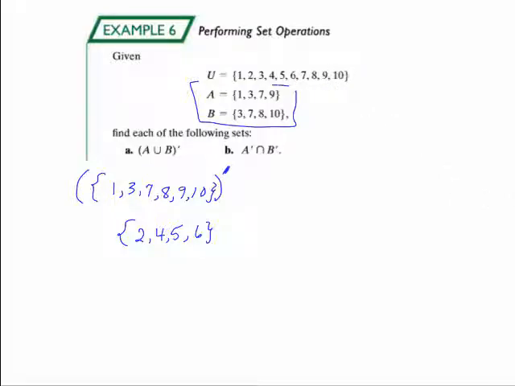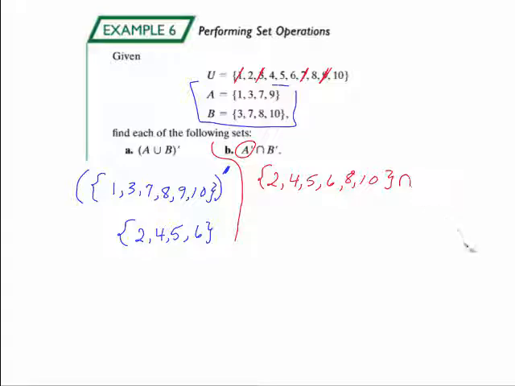and go back and do the next thing, which is A not intersect B not. I have to start by doing A not. So I look at A, 1, 3, 7, 9, cross them out of the universal set, 1, 3, 7, 9. So what I have is the set 2, 4, 5, 6, 8, 10.